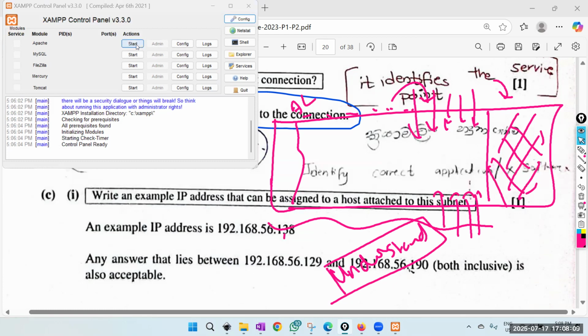Remember when we start the web server, it says port number. Look at this. It says port number 80, that is HTTP. Port number 443, that is HTTPS. When I start MySQL, because some other machine can connect to my database, my MySQL starts on port number 3306.